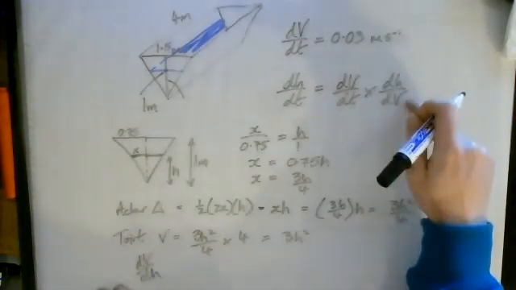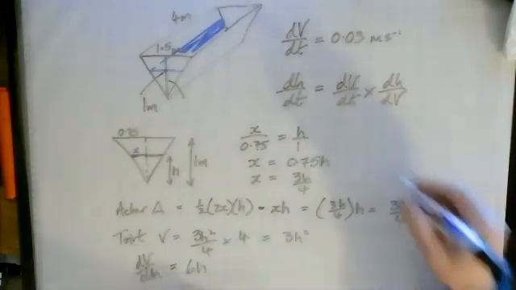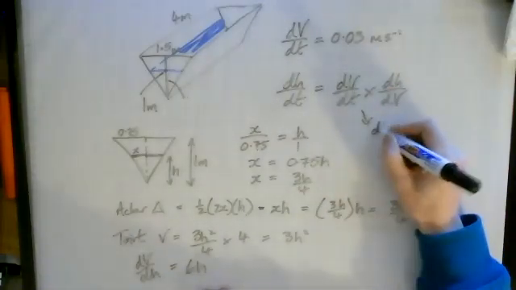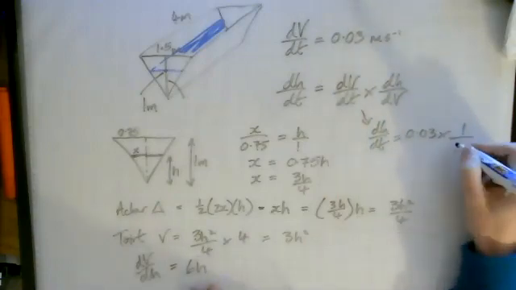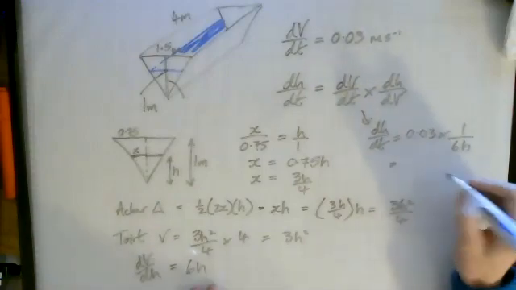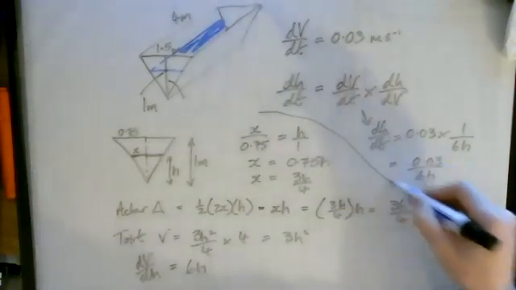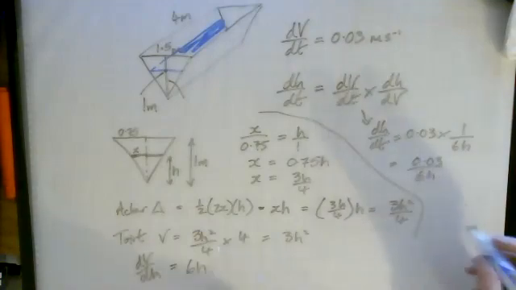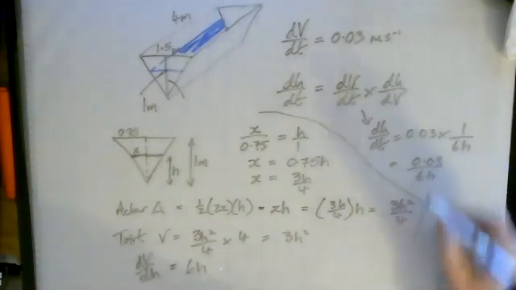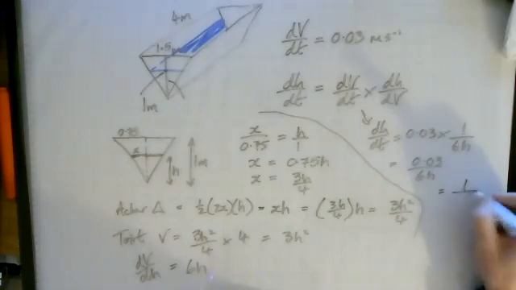So it's dh/dV. So we use the chain rule formula. So dh/dt equals 0.03 over the derivative. So dh/dt equals 0.03 divided by the derivative, and the rest is the calculator.